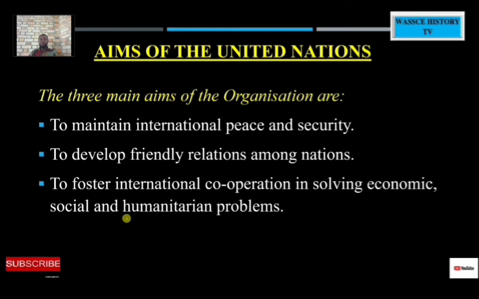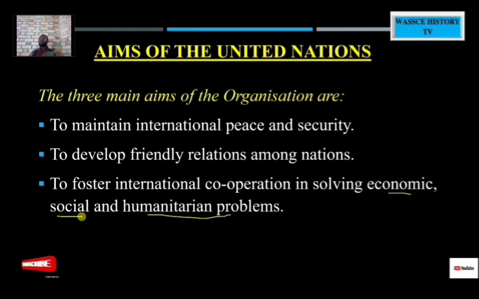To also foster international cooperation in solving economic, social, and humanitarian problems. And so when there is any crisis, the UN comes together to solve those crises, be it economic, social, or humanitarian. For instance, when there was a famine in Somalia, the UN was sending Somalia food items and other relief items.